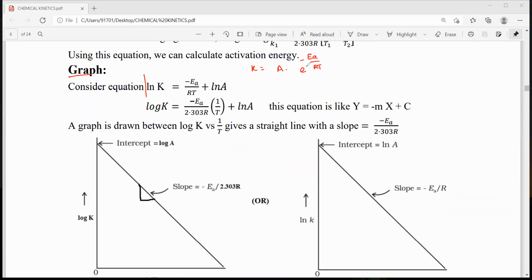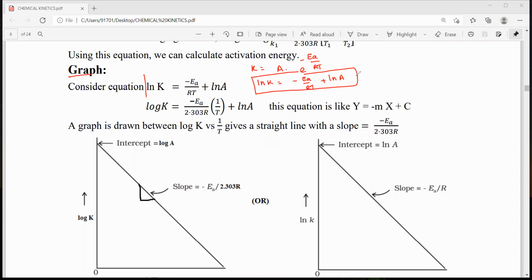Apply ln: ln k is equal to minus Ea by RT plus ln A. Okay, it's very clear. Take this equation, dear students, and another equation with logarithms.